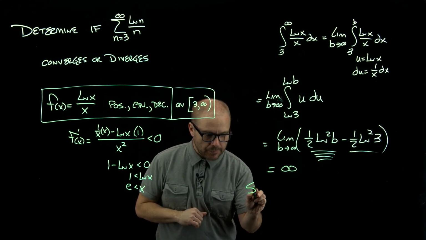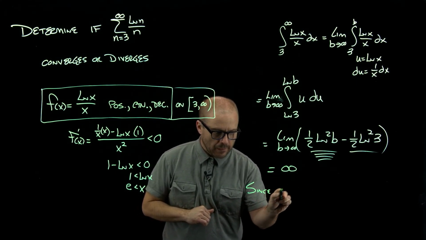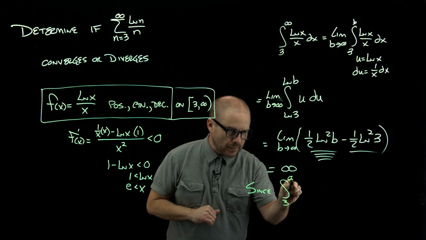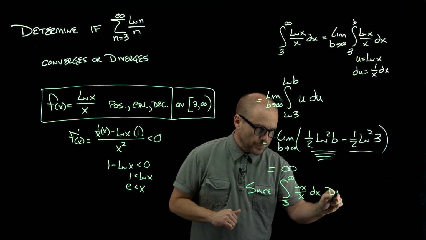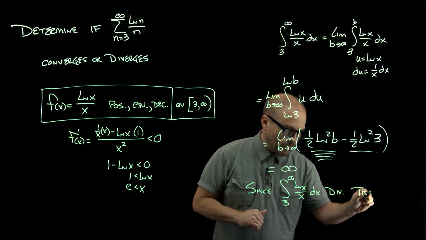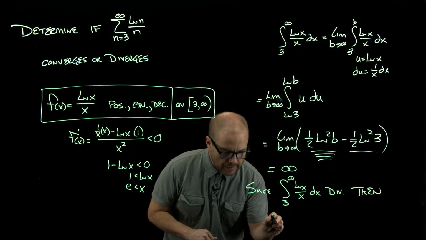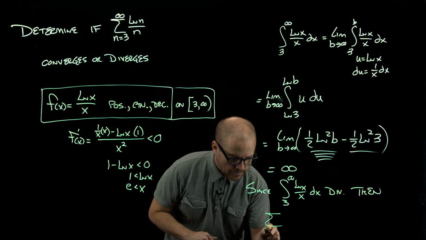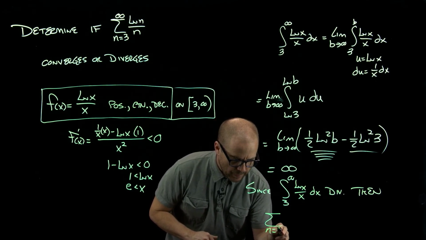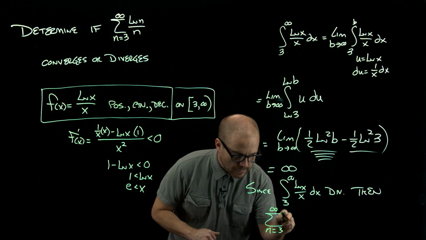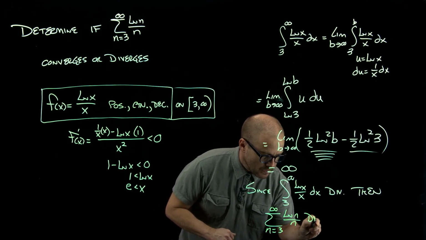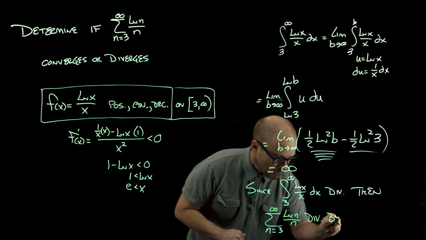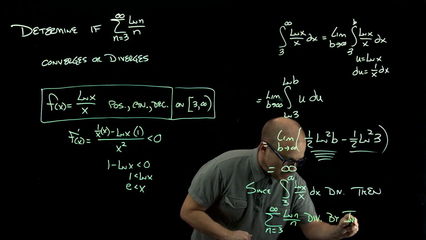So since the integral from 3 to infinity of natural log of x over x dx diverges, then that tells me that the series, n from 3 to infinity of natural log of n over n, diverges by integral test.